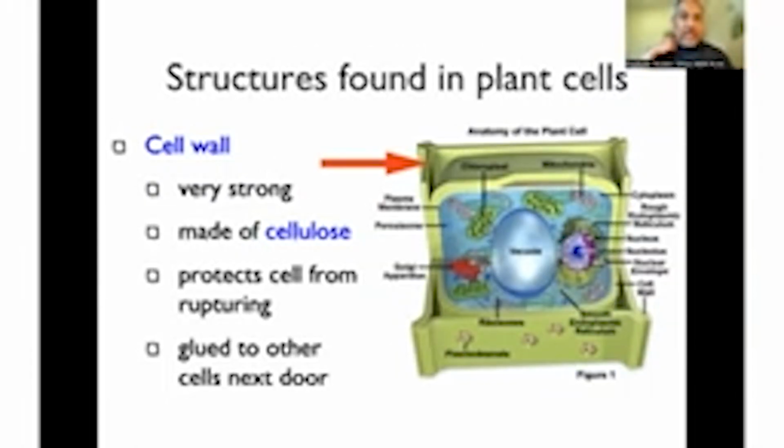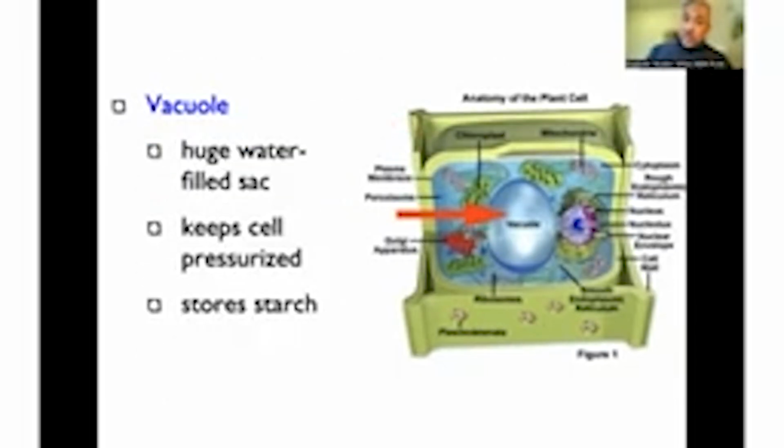And along with this, there are distinct structures that are found in the plant cell as well. Along with the cell membrane, the plant cell has a cell wall that is made up of cellulose, which adds an important layer of protection and structure to the plant cell, which is distinctly different from animal cells.